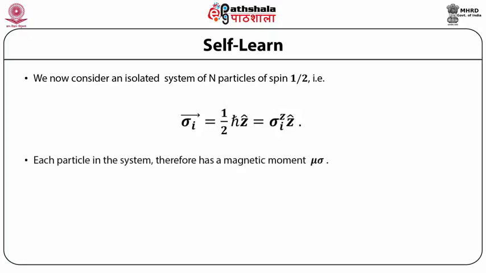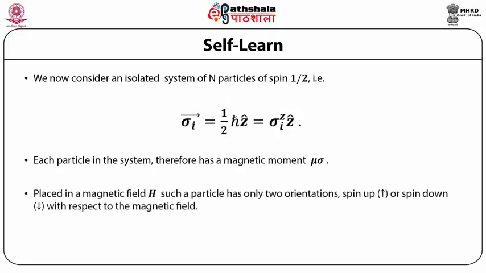Each particle in the system therefore has a magnetic moment μσ placed in a magnetic field H. Such a particle has only two orientations, spin up or spin down with respect to the magnetic field. Let the magnetic field be in the direction of z axis.